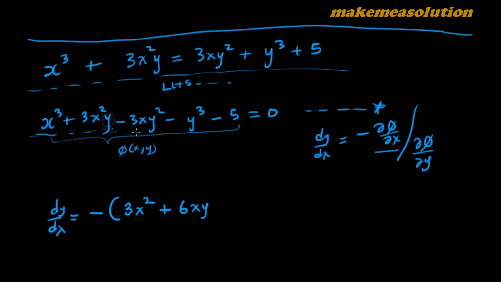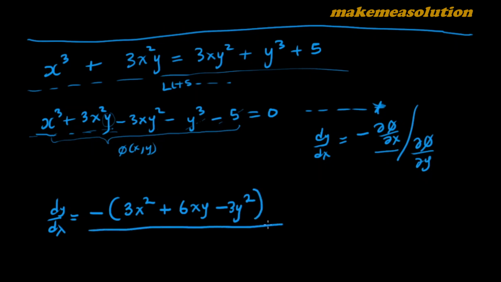Now when I differentiate this particular one with respect to x, y squared is a constant too, and 3 is also a constant. So when you differentiate this x term, you're just left with minus 3y squared. Is that okay? Then coming over to this term, y cubed is a constant, so it goes out. When you differentiate 5, it goes out. Is that okay? So this is all about the numerator.